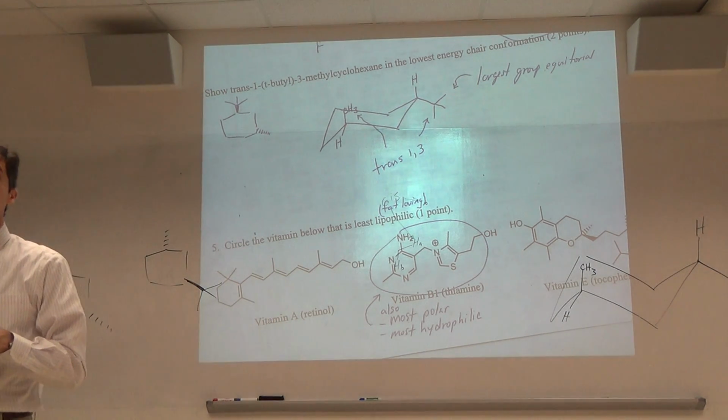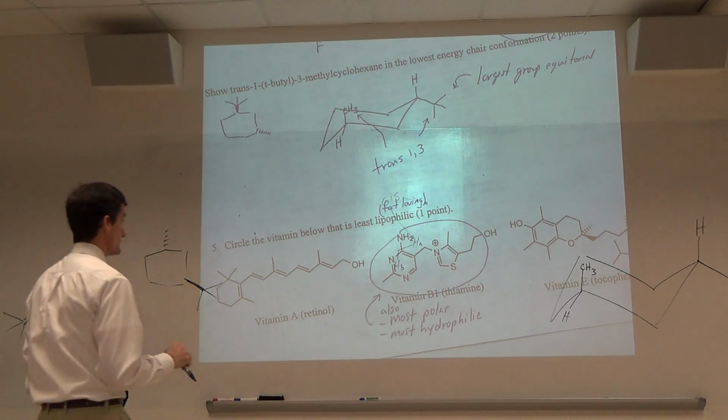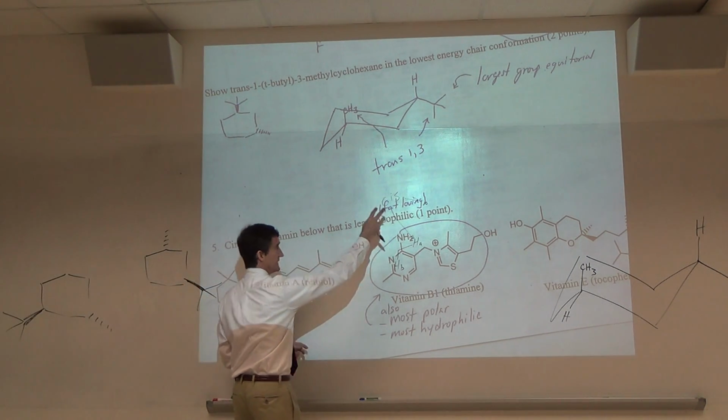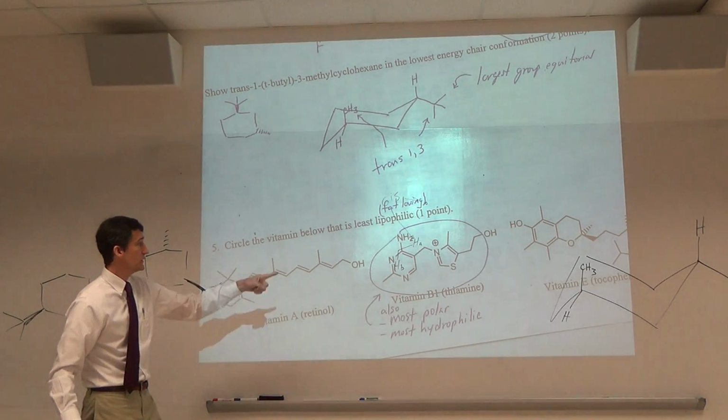You hear lipophilic in biochemistry or cellular biology, we talk about lipophilic membranes. These are membranes that are composed of sort of fatty chains that come from certain molecules, or your fats. Least lipophilic is going to be least fat-like or least hydrocarbon-like. Which one is it? It's the one here.